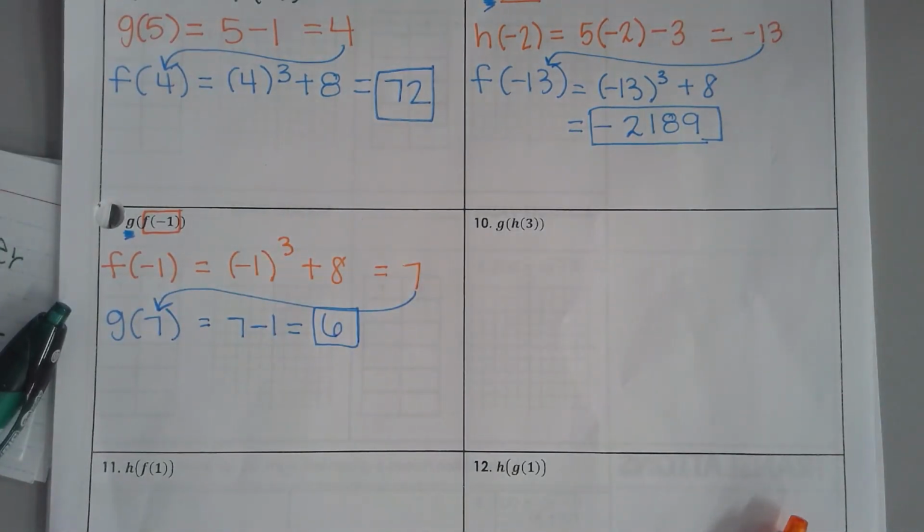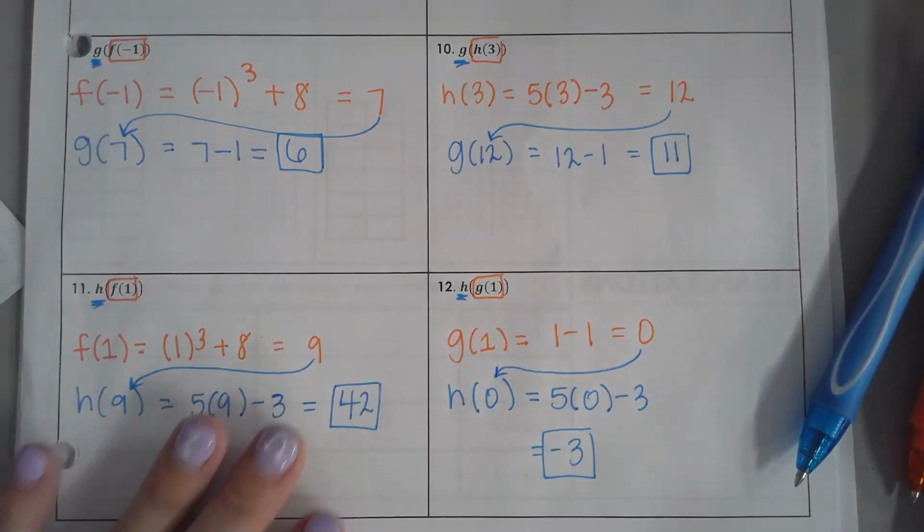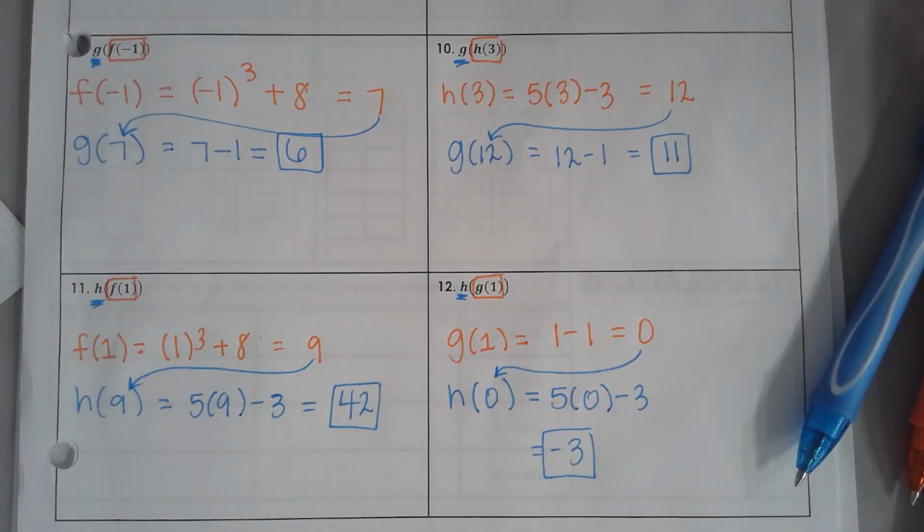I want you to work on questions 10, 11, and 12. So number 10, we did h of 3 first. So 5 times 3 minus 3 gives us 12. And that's what I plug into g to get my final answer of 11. If you didn't get that, double check, write it down.